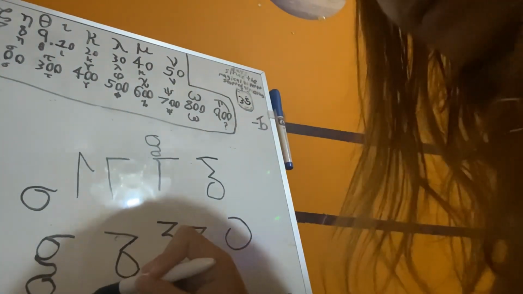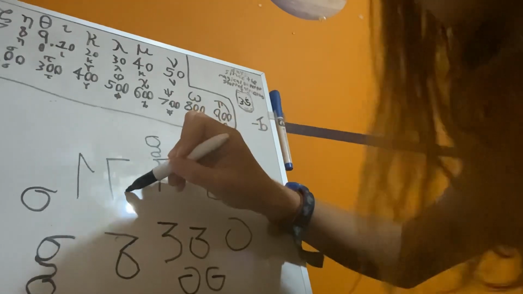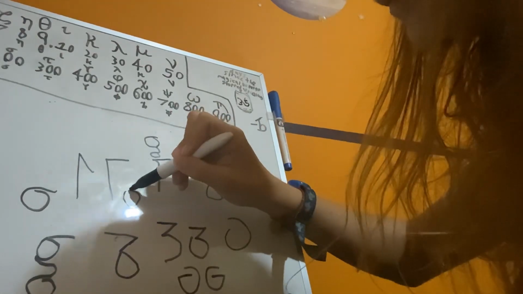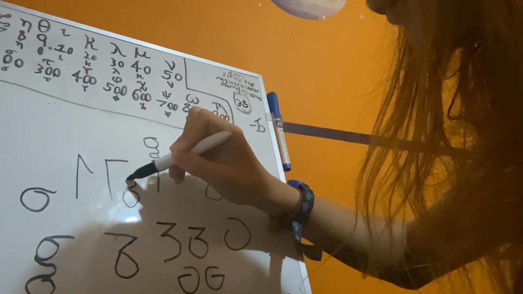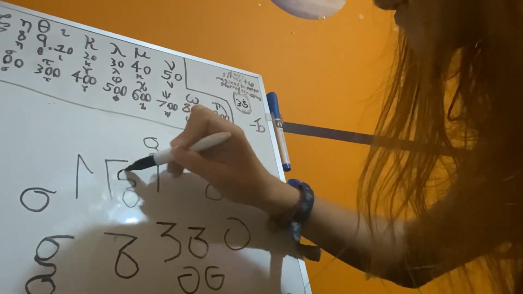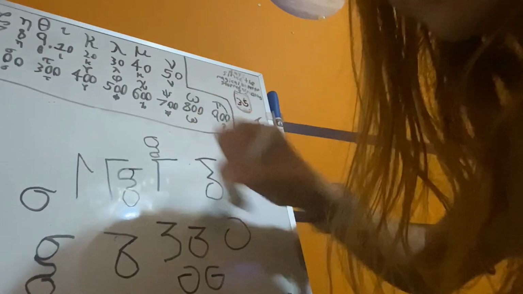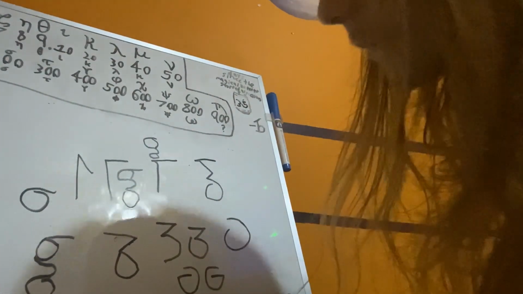So let's see that. Oh, it went back. Except no, G must have a circle on the top now, because most letters do.